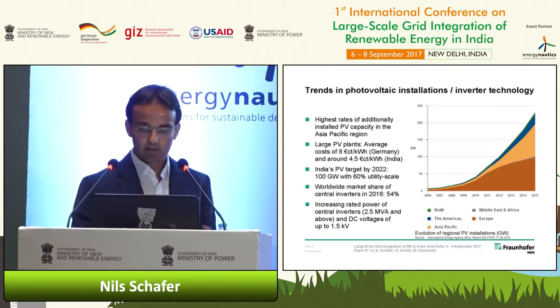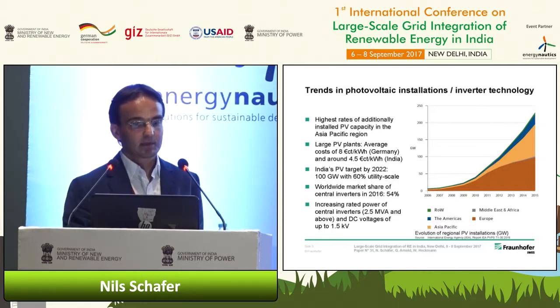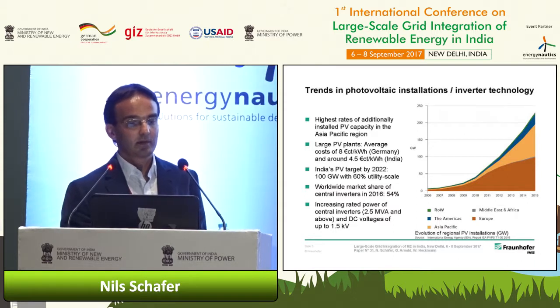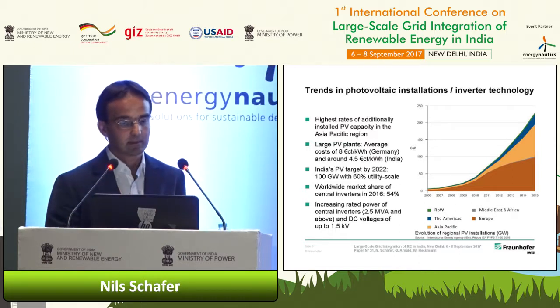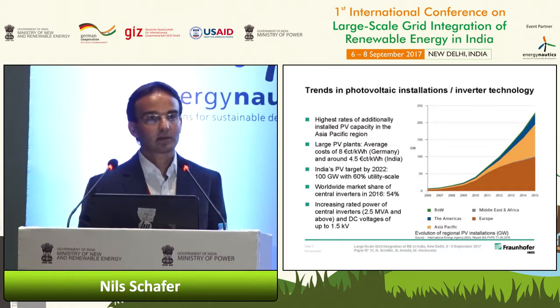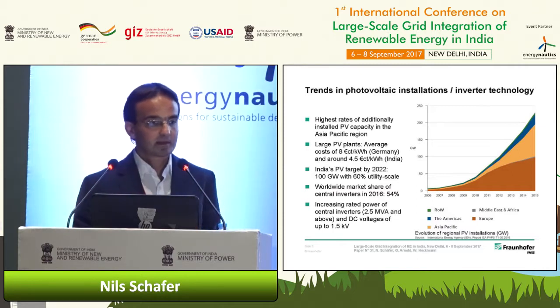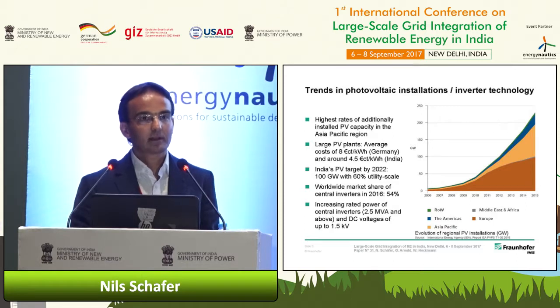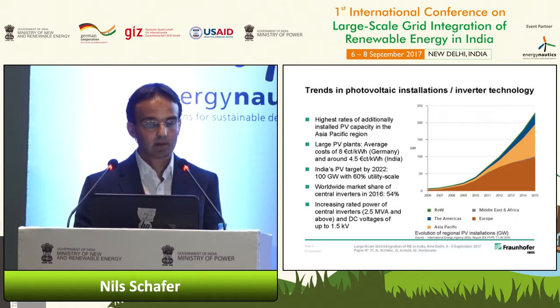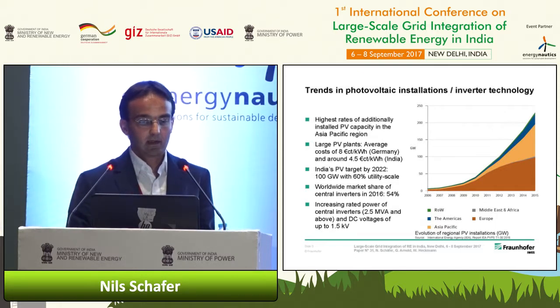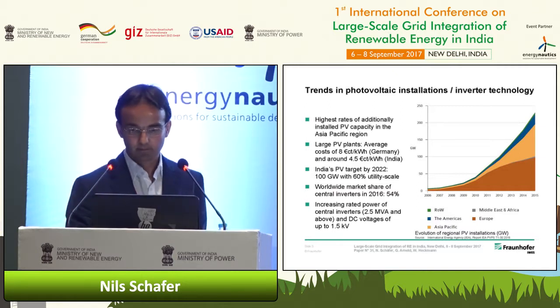This share of 60% goes very well with the worldwide market share of central inverters, which was 54% in 2016. For inverter technology, I can say that the inverters go to higher power ratings. Ratings above 2 megawatt are common these days, and the DC voltages also go above 1 kilovolt.